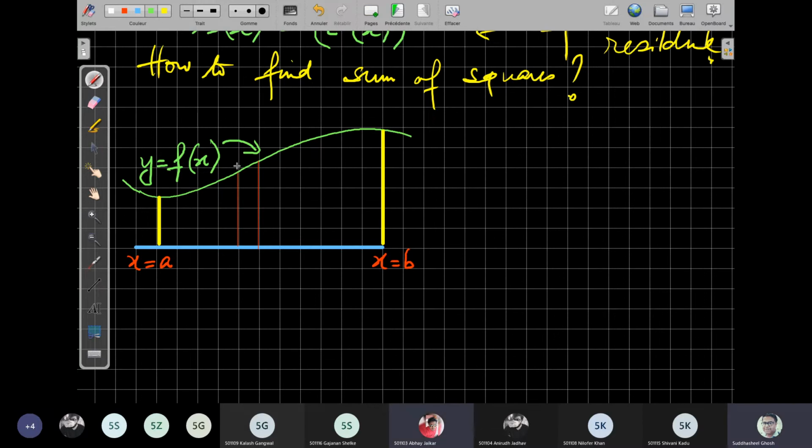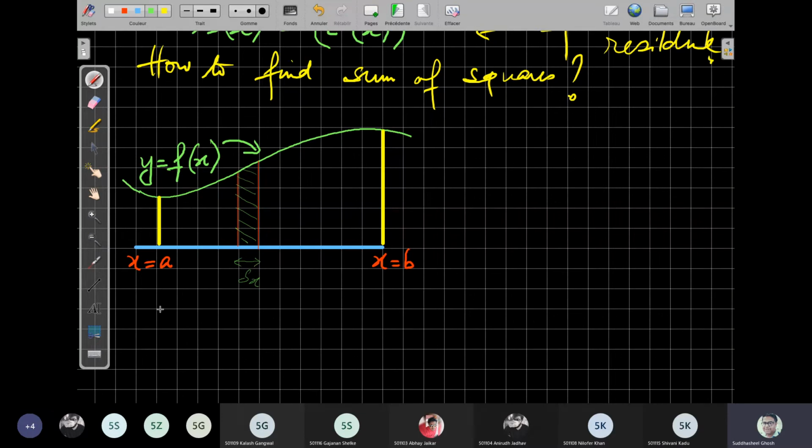How will it be found? Tell me. Sir, integration. Integrating. So what do we do? Basically we divide it into multiple small steps. Then we find the area of each small step and sum up all those areas. This small length I will call delta x, a small change in x, and then I will sum up all such areas and get what you call the integration of this function.